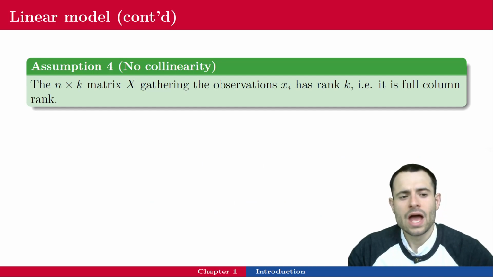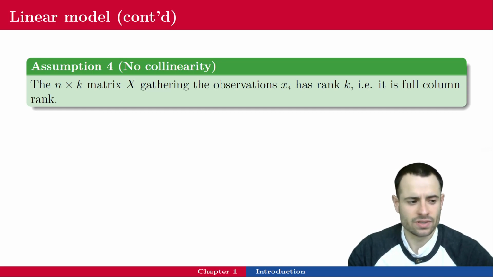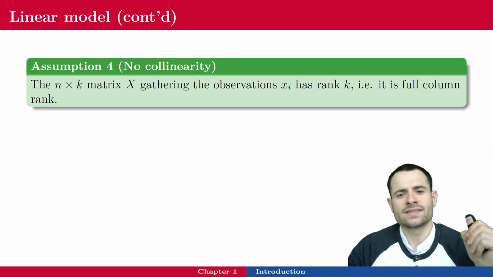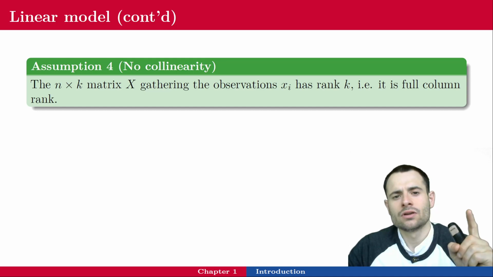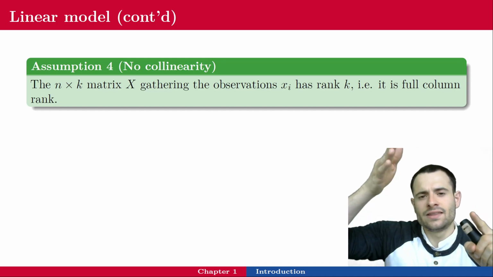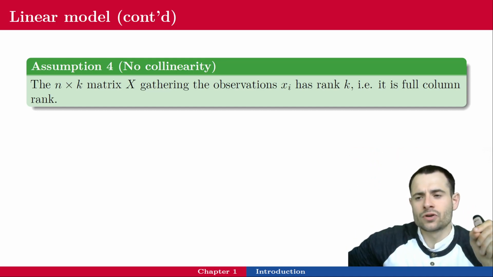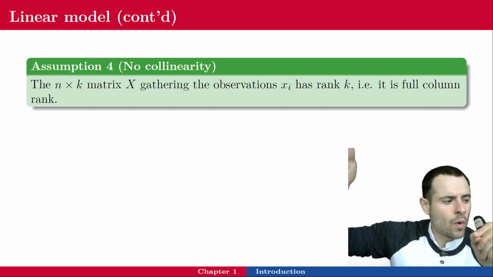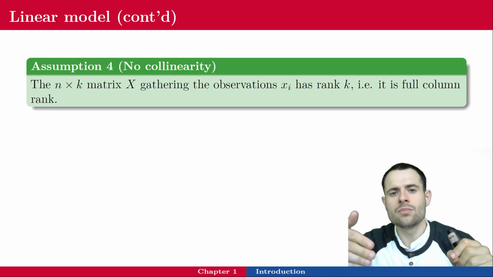Assumption 4 is more technical, but there is also an intuition behind its statement. So, if I take all of my x's, for each person, I observe k different variables, correct? I observe age, height, weight, number of kids, income, and so on.